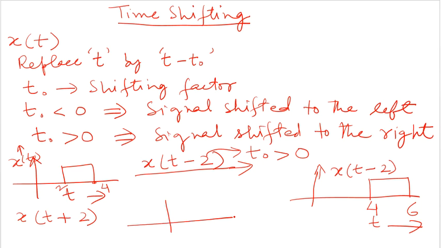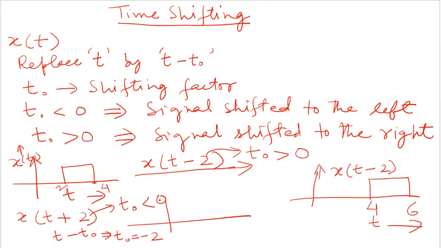Here, if you compare it with t minus t naught, t naught is equal to minus 2. So t naught is less than 0.